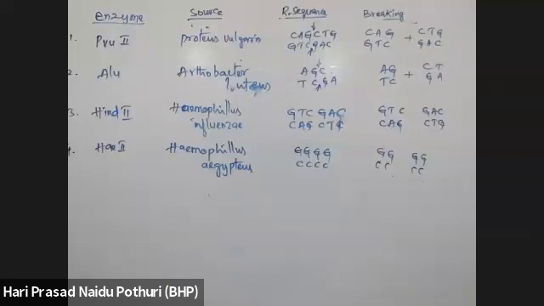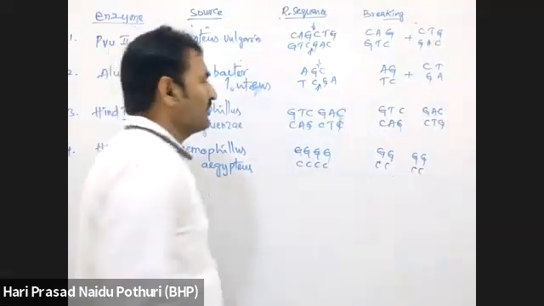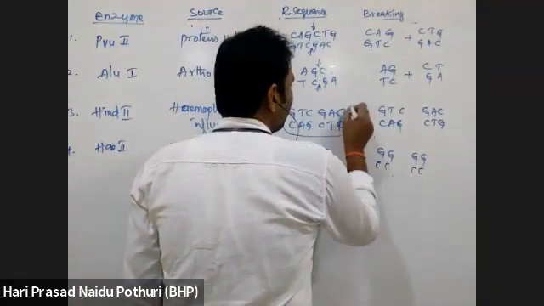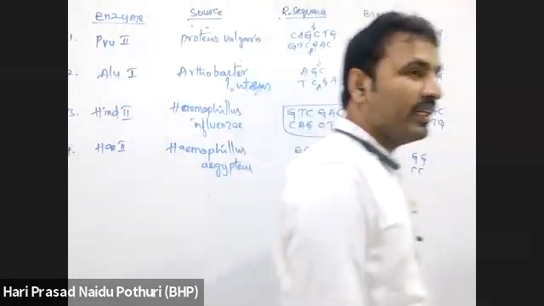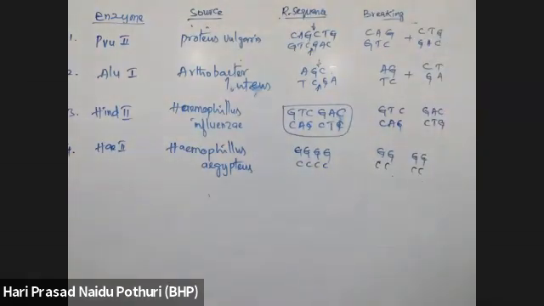Arthrobacter luteus, ALU1. See here, I think one restriction sequence we repeated 2 times. GTC, GAC is the restriction sequence for Haemophilus influenzae 2, right? It also has the same restriction sequence for SAL also, Streptomyces albus.